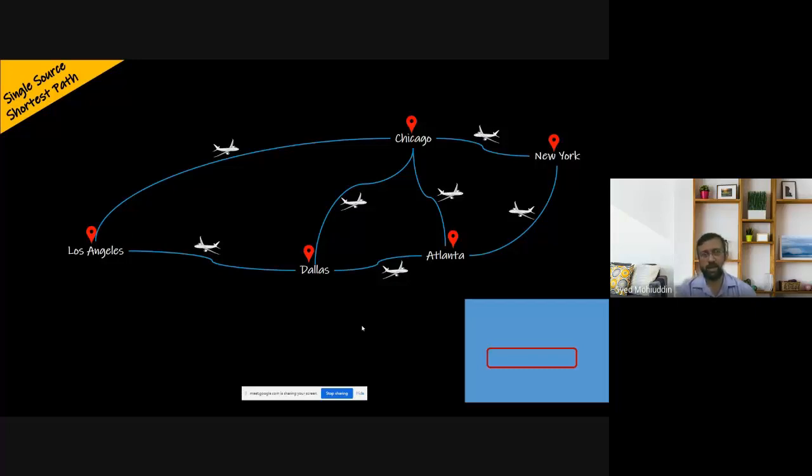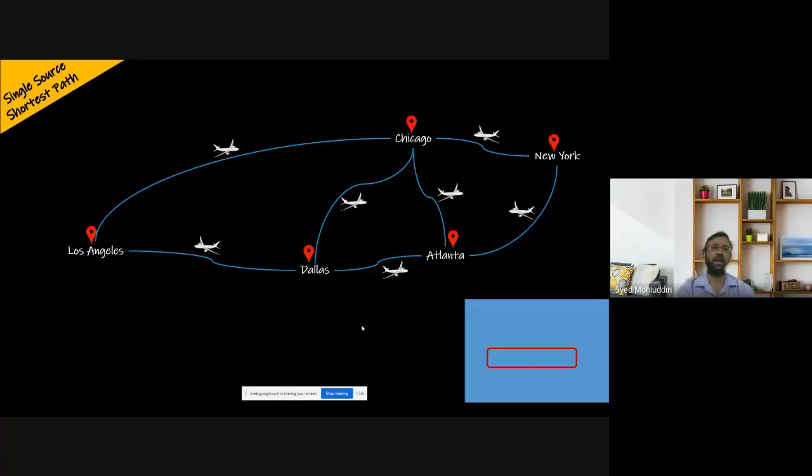The connection is nothing but edges. Any two vertices can be connected through an edge, and these edges may represent different types of values. For example, in this case, it's a flight plan, a flight path.